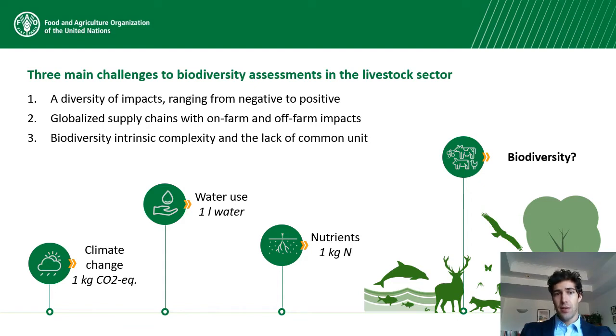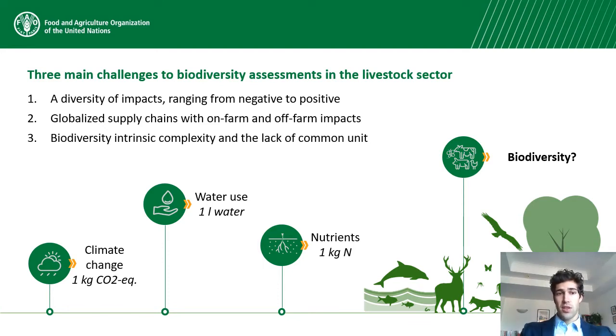I see 3 main challenges. The first one is that there is a large diversity of impacts, as I just described, ranging from negative impacts to positive impacts. The second challenge is that livestock supply chains are complex, they're globalized, and so you have to consider both on-farm and off-farm impacts.